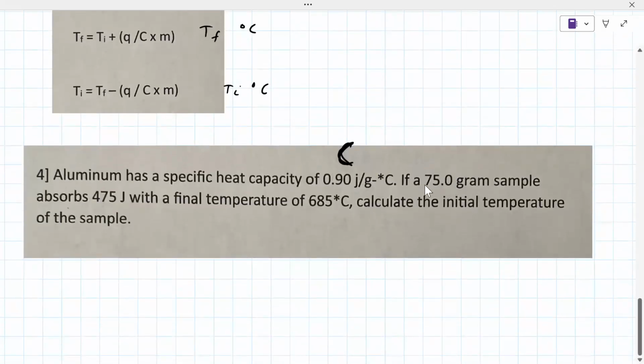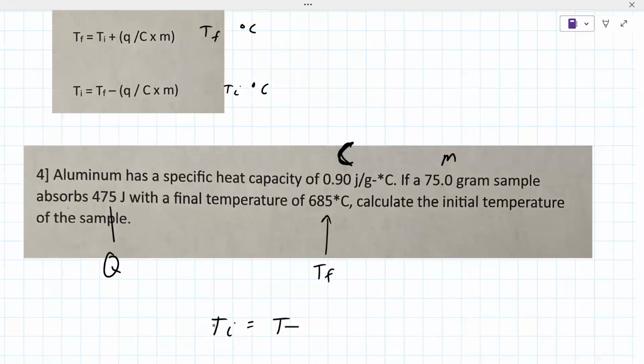All right, so 75 grams, that's mass. What is the 475 J? Is that Q? That is Q. Yeah, and in some books they use uppercase Q. That's what I'm usually used to seeing. And then this is T final. So the initial temperature, if you truly are getting the formulas, that's good.